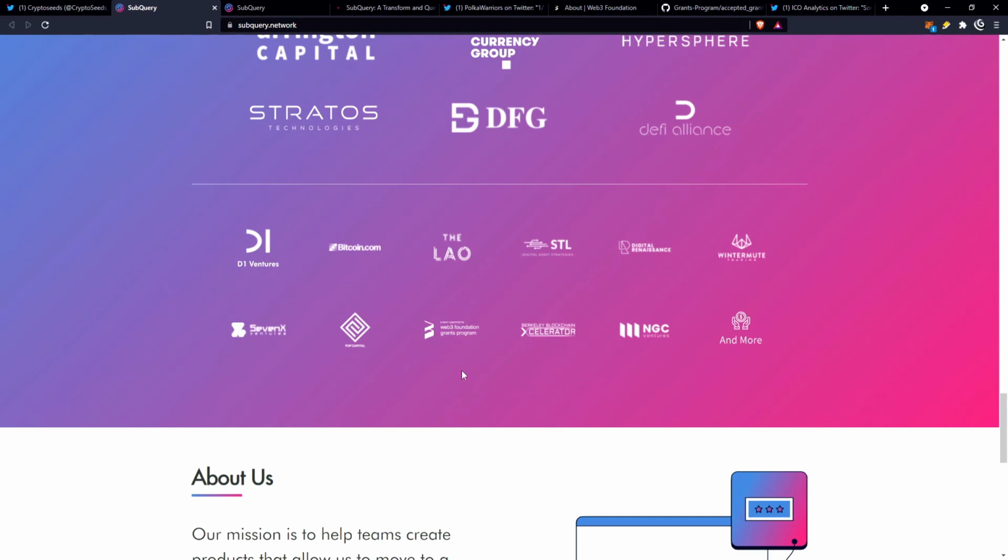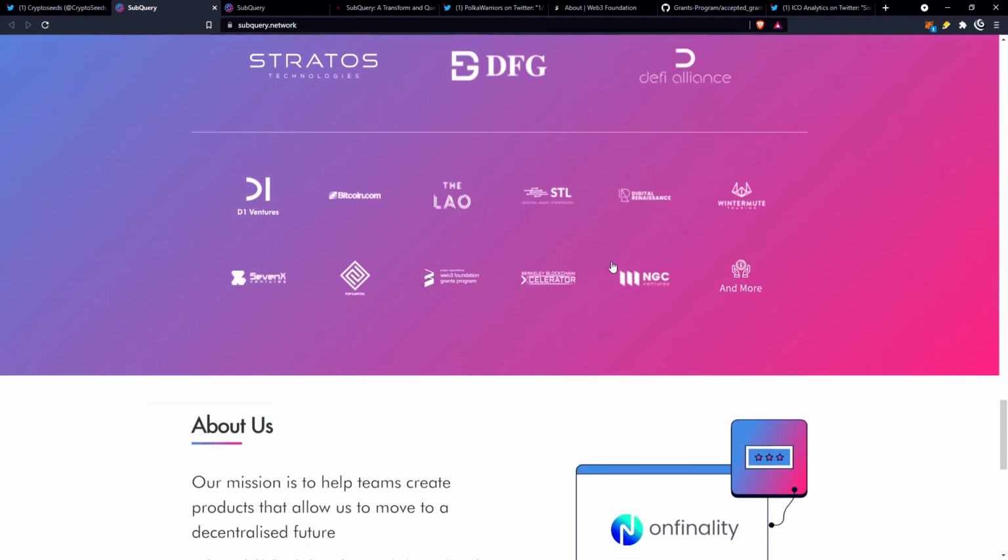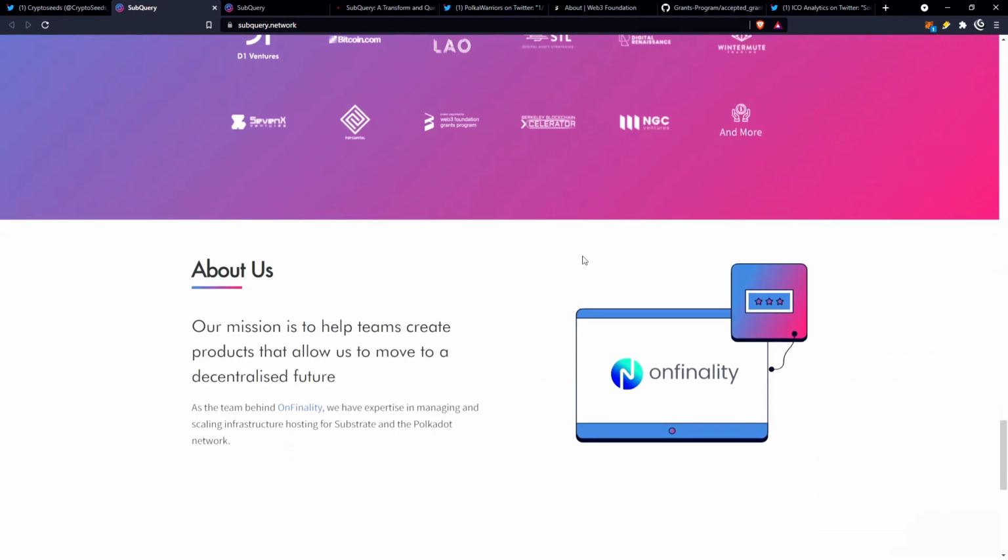So it is like an extra advantage. If a project got a grant from Web3 Foundation, it is an extra advantage for that particular project, because Web3 Foundation is one of the key foundations for the Polkadot ecosystem. NGC Ventures is there, so key people have invested in this particular project.